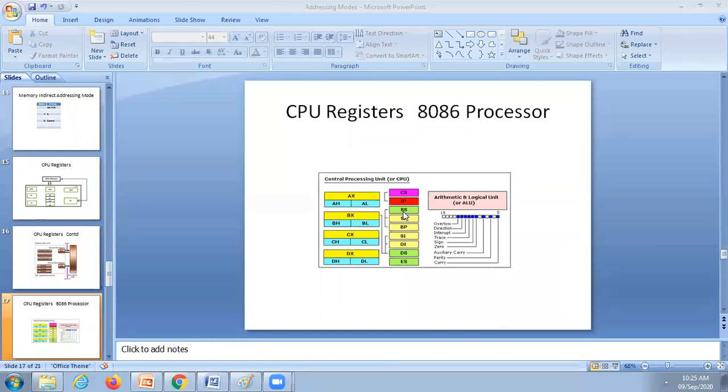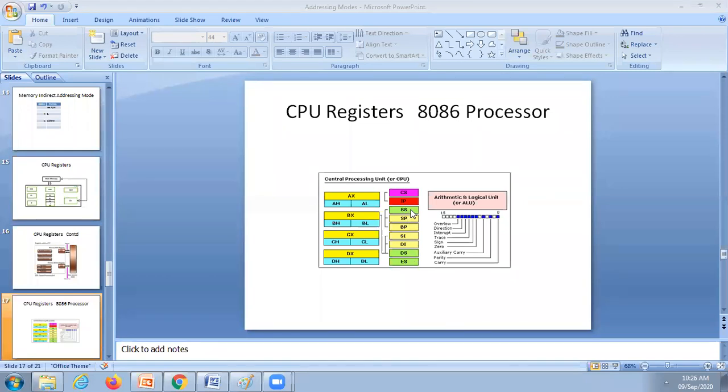Always the stack is available in main memory. In the main memory, there is a lot of memory. In the total memory, you are going to reserve some part of memory for stack purpose by using your SS register and SP register.